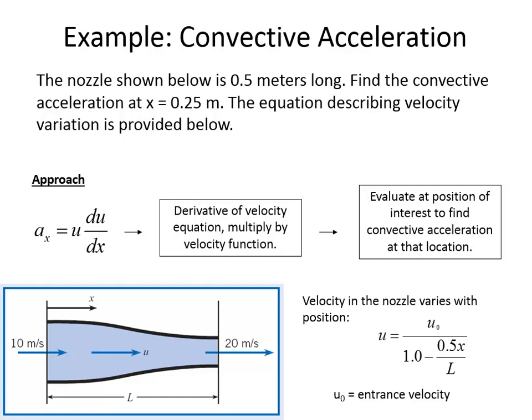So we'll substitute in those known values, and what we get is that u du dx is 0.5 u naught squared divided by 0.5 meters, times (1 minus 0.5 times 0.25 meters divided by 0.5 meters) cubed.